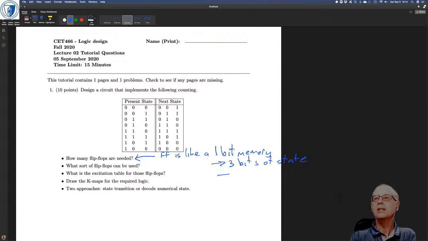Right, so that means we need 3 flip-flops, at least. So the next question, what sort of flip-flops can be used?